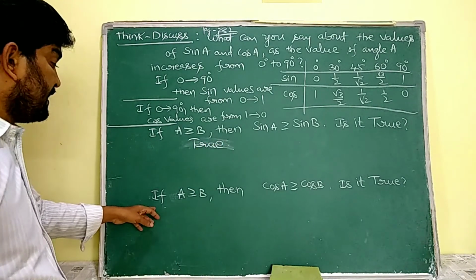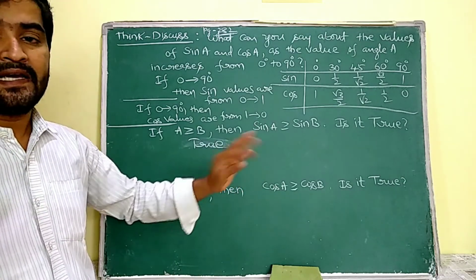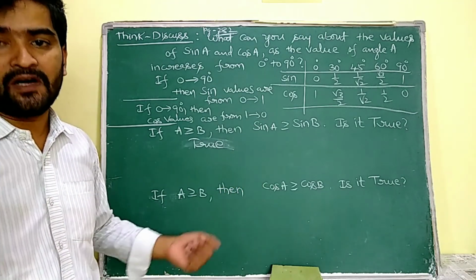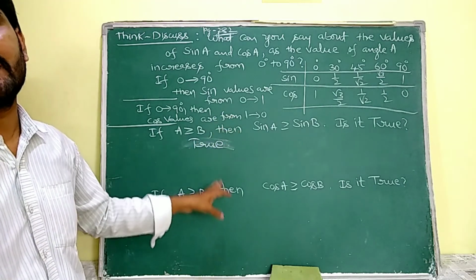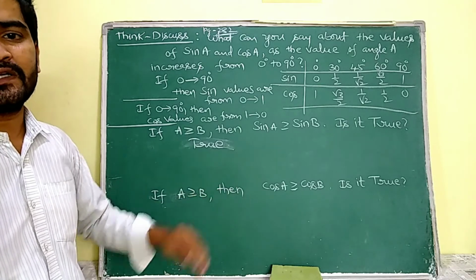Now, if A is greater than or equal to B, then cos A is greater than or equal to cos B. Is it true? It is false ma. We have to check all these values from 0 to 90 only. We are not going to consider beyond that 90.